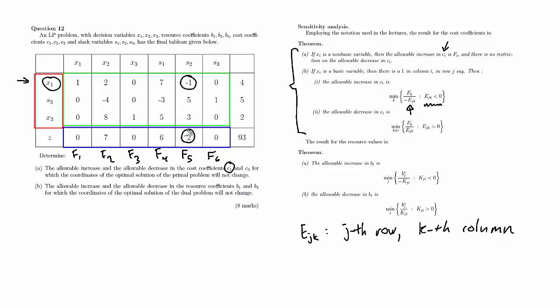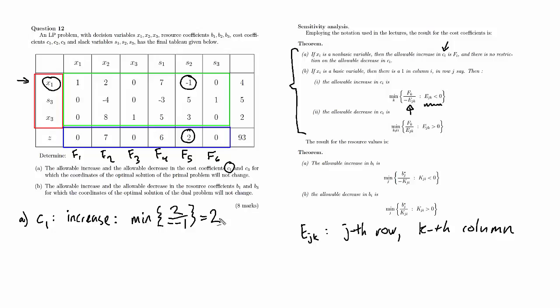So, for part A, the allowable increase is the minimum of 2 divided by minus 1, which is just 2. The calculation of the minimum itself was superfluous. Because there was only one value, we could have written that down straight away.